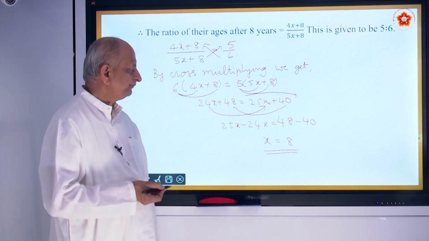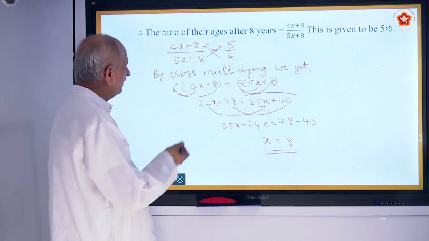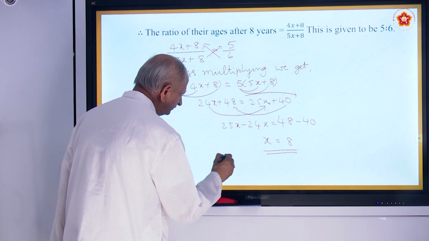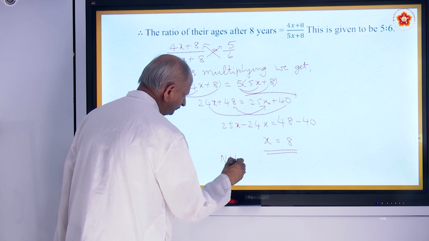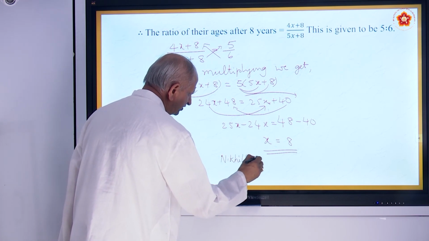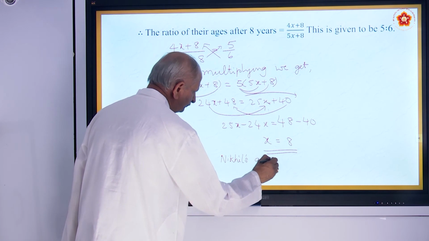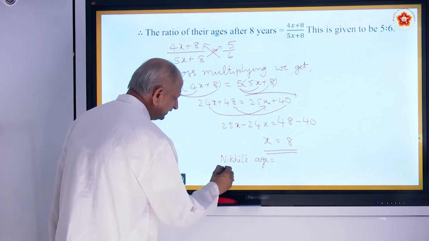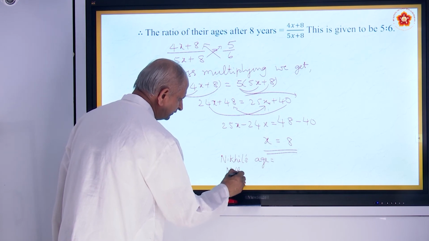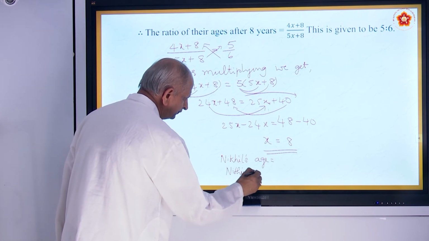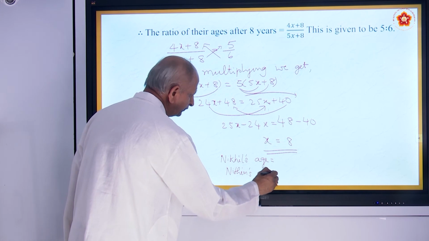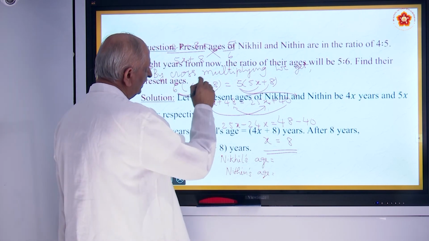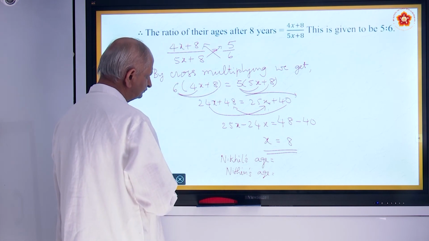Now how to find the ages of the two guys? So remember the two boys, Nikhil and Nitin. The ratio of Nikhil and Nitin is 4:5.